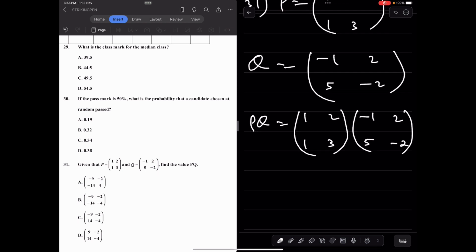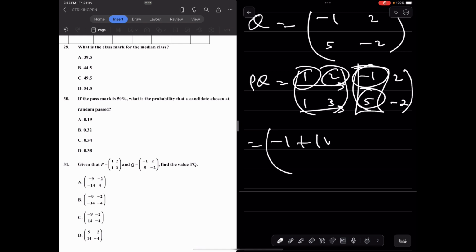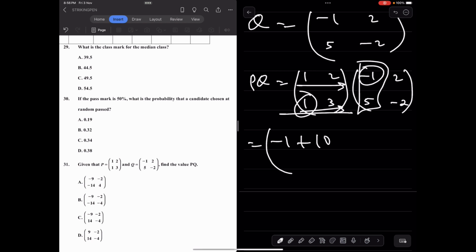Now this is how we go. We multiply the two rows by the first column in the second matrix, and that's going to be 1 times minus 1, that's minus 1, plus 2 times 5, that's 10. And to the next one, we multiply this row by this column. So that will be 1 times minus 1, that's minus 1, plus 3 times 5, that's 15.